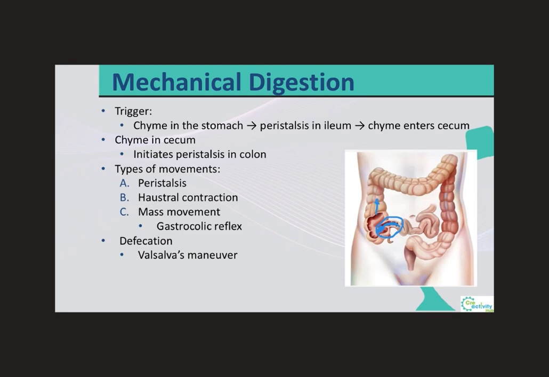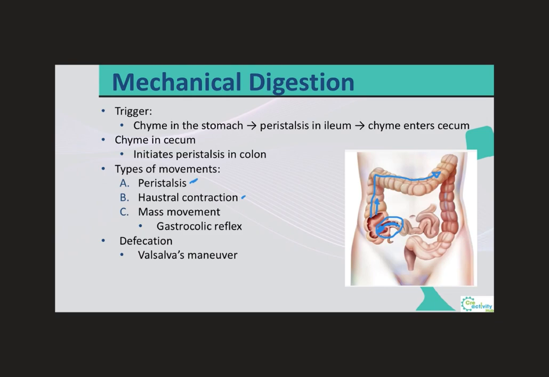Mechanical digestion in the large intestine includes a combination of three different types of movements. Movement of the ingested materials from the cecum to the transverse colon occurs very slowly, and it involves both peristaltic activity and haustral churning, which are segmentation movements of the large intestine.